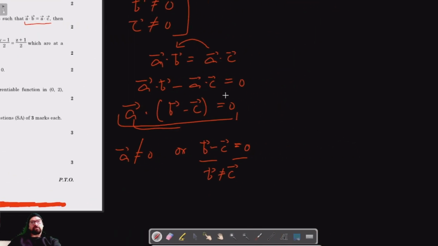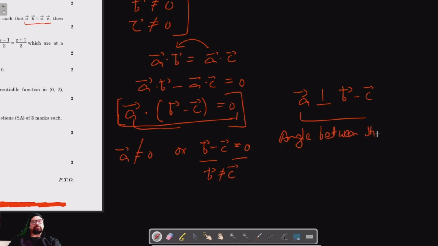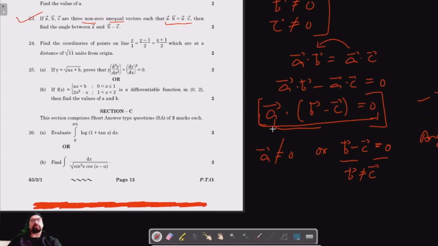Now the only option we are left with is that the dot product is 0 when the two vectors are perpendicular. So A vector is perpendicular to B vector minus C vector. That means the angle between them is 90 degrees.